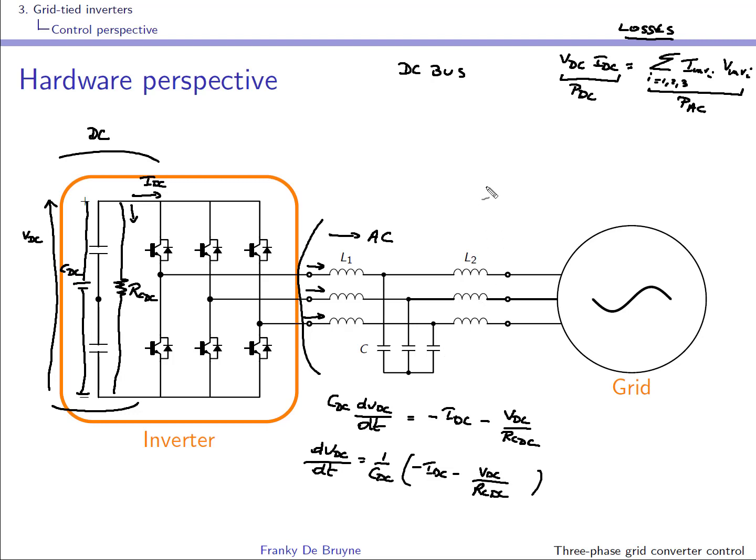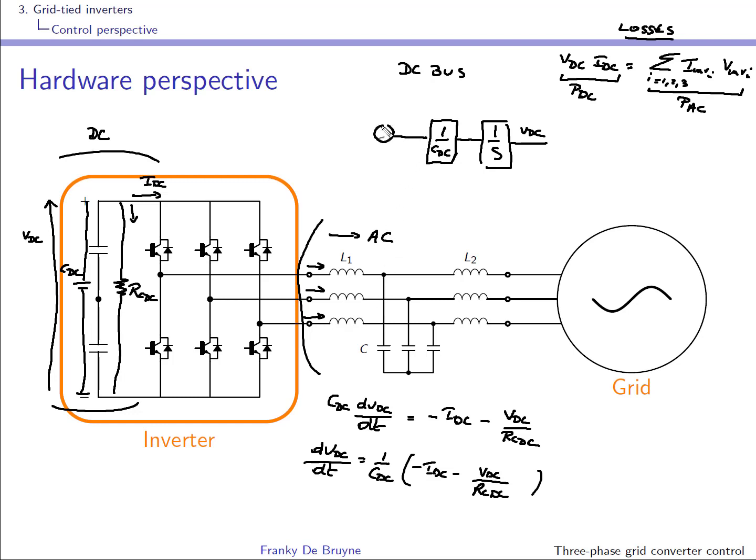I'm now going to start modeling that with my integrator. The output is of course VDC. The input is the derivative, so I have the inverse of the capacitor of the bus.